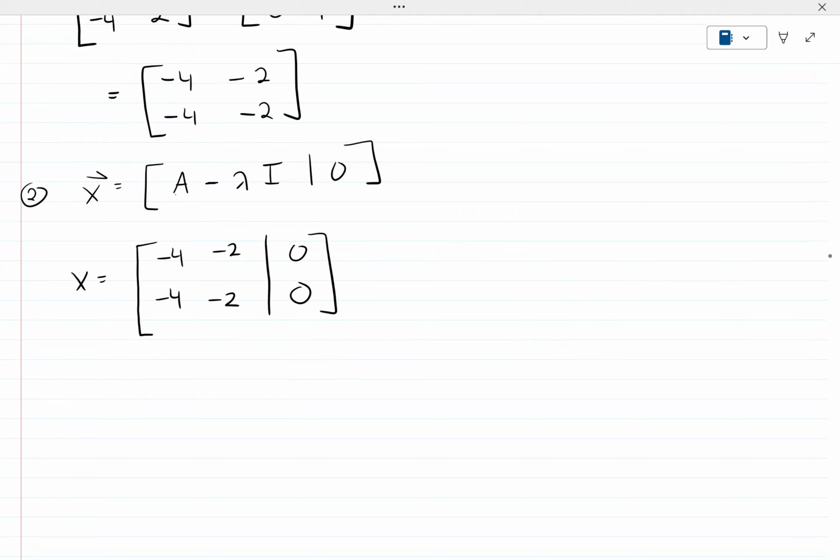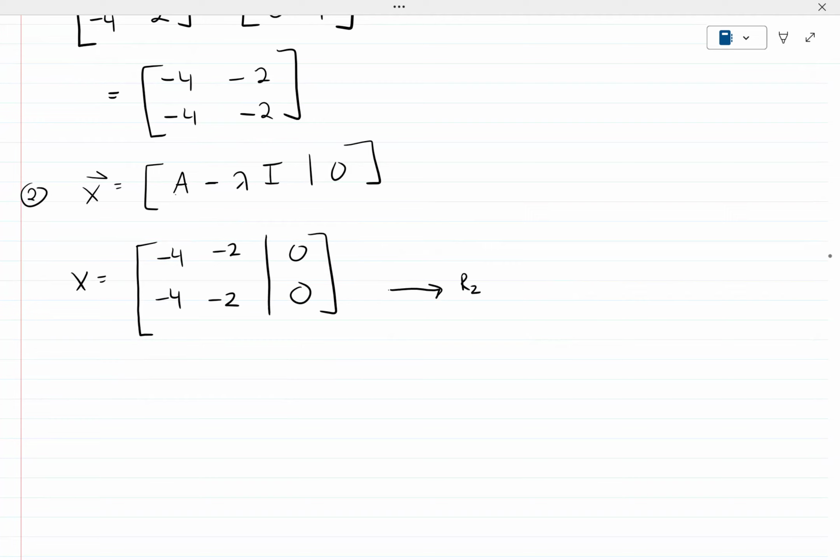And we've got to row reduce. So what should I do first? Maybe make this -4 into a 0, and then maybe make this -2 into a 0. So I'm going to do some row operations, messing with row 2.